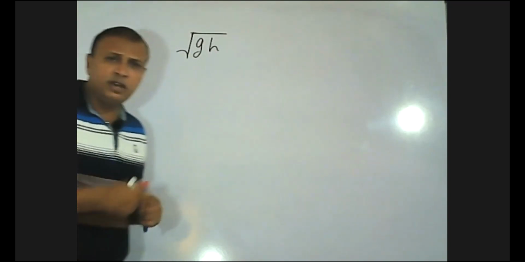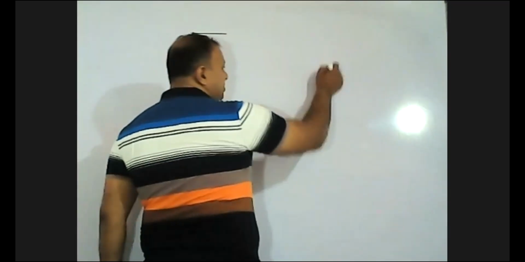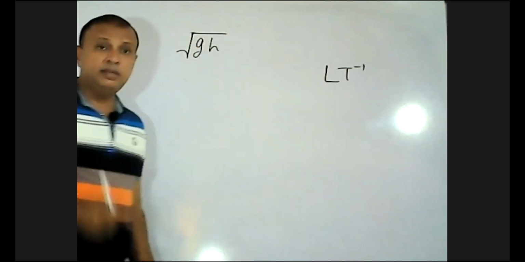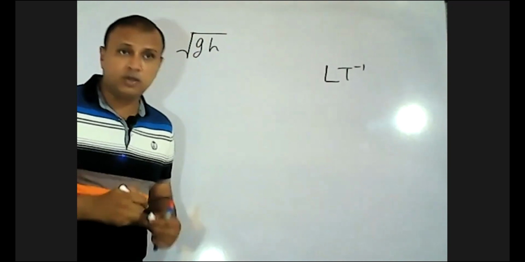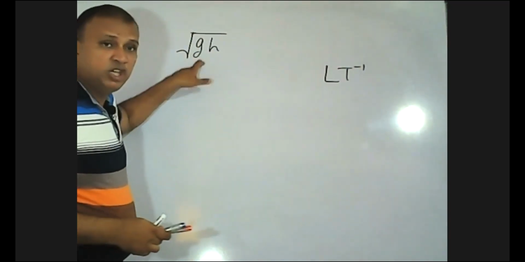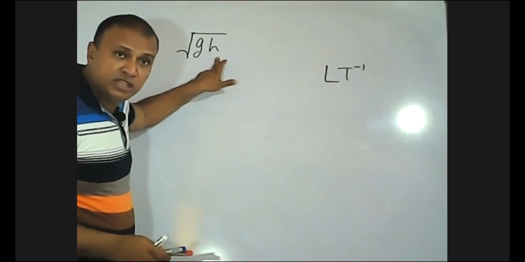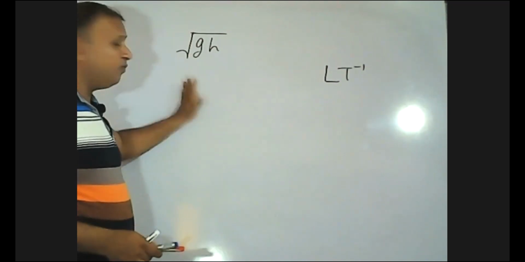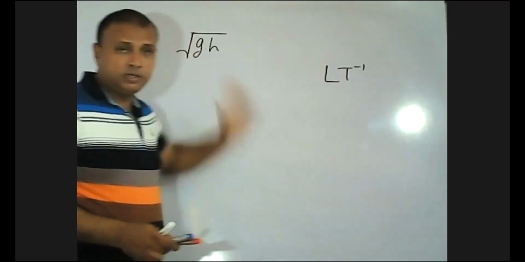So what is the dimension of velocity? The dimension of velocity is L T minus 1, no? That thing you should remember. So you have to substitute the dimension of g and the dimension of h, take the square root, and check whether it is equal to this one or not.